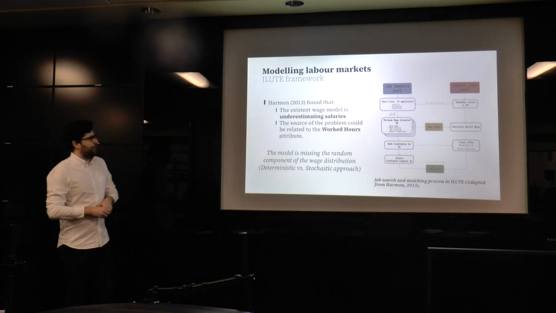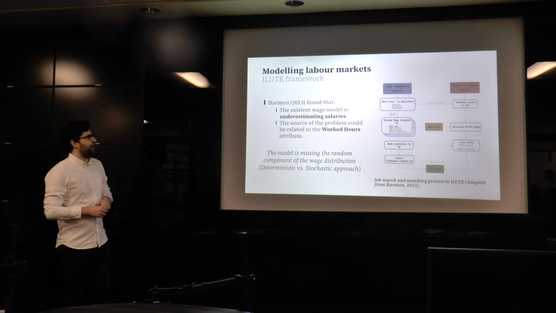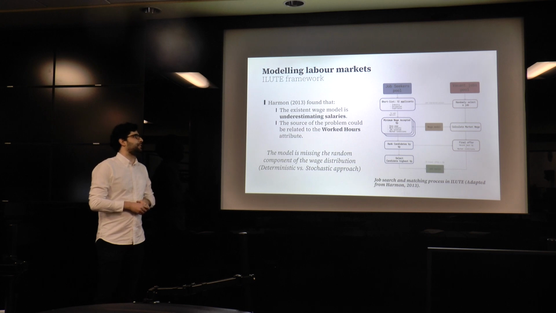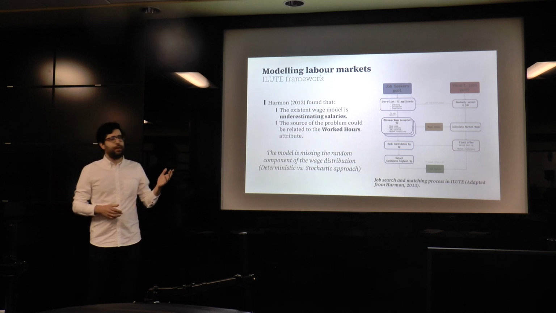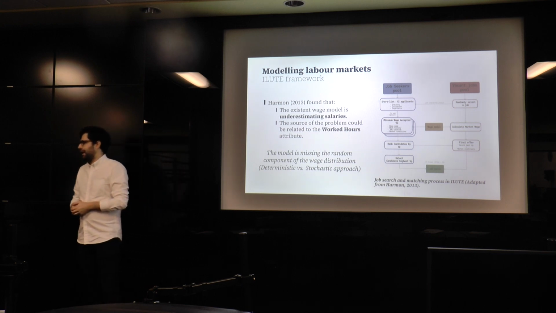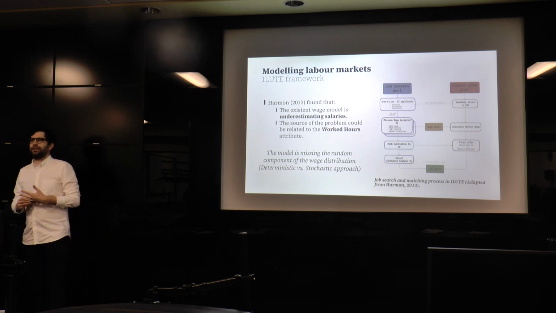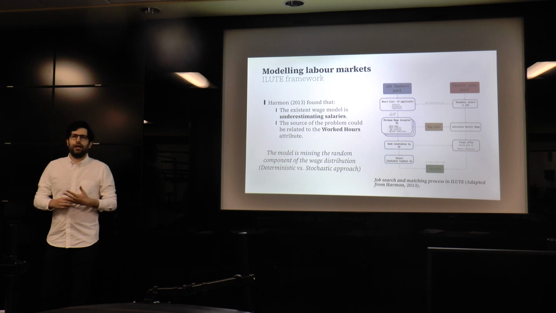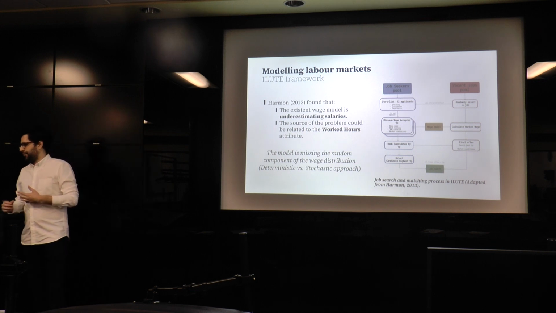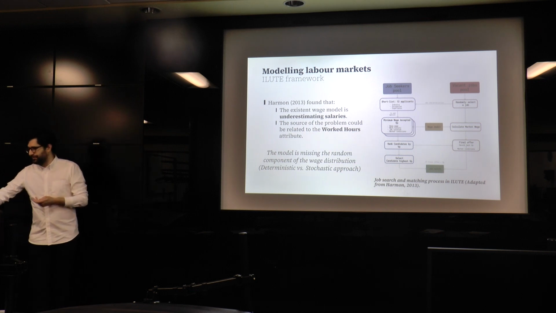But in the Harmon thesis, he found out that the existing wage model is underestimating salaries, and this issue could be related with the way that the respondents provide information about the working hours.